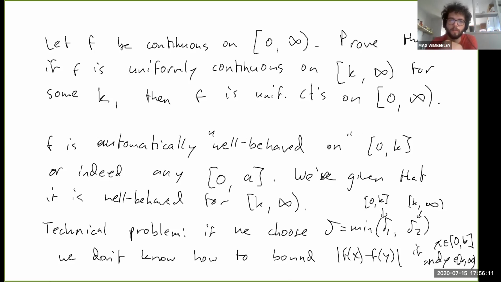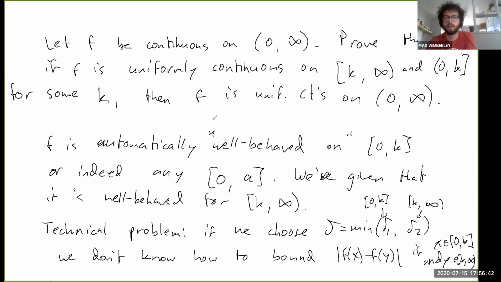So if we were to change this to an open endpoint, then in order to make this work, you would have to also assume f is uniformly continuous on k to infinity, and on 0 to k, then actually now the problem becomes valid again.